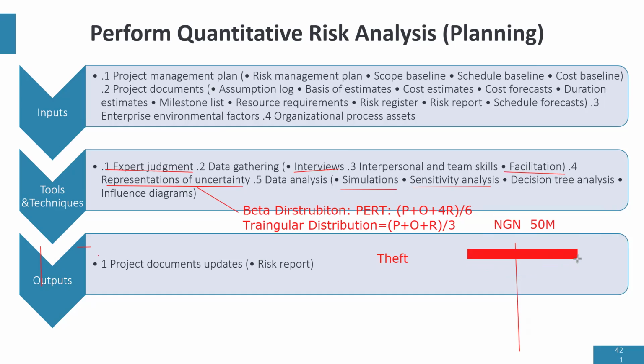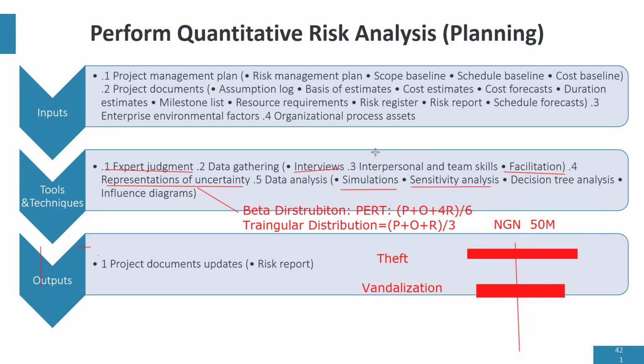So if they steal things, it can get up to close to 100 million. Then let's say another one is vandalization, which could be anywhere from, let's say, 3 million to less than that.